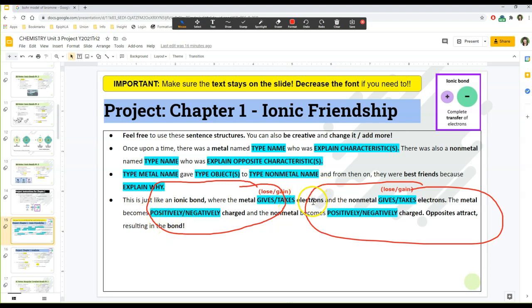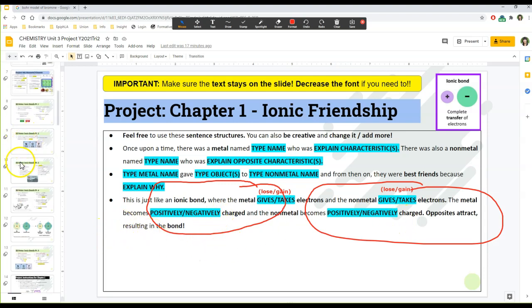If it gains electrons, it becomes more negative, making it negatively charged. Same thing with our nonmetal. If it loses electrons, it's losing negativity, becomes overall positive. If it gains electrons, it's gaining negativity, becomes overall negative. And they should end up being opposites, all right? So these should be opposites. If they're not opposites, then this would not result in a bond.